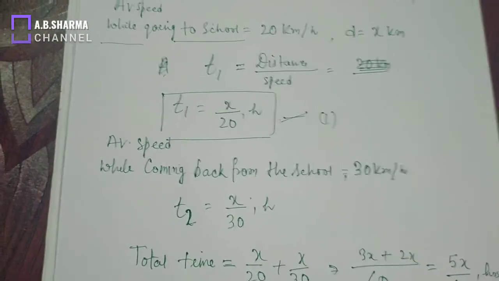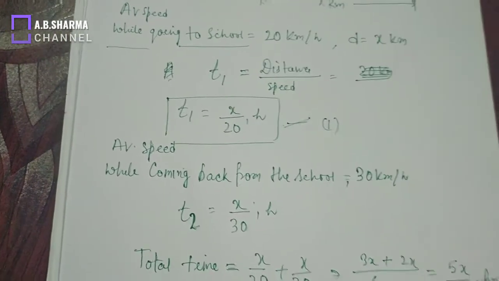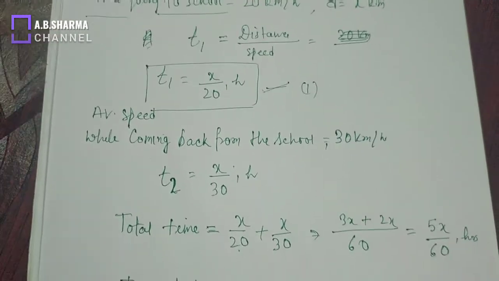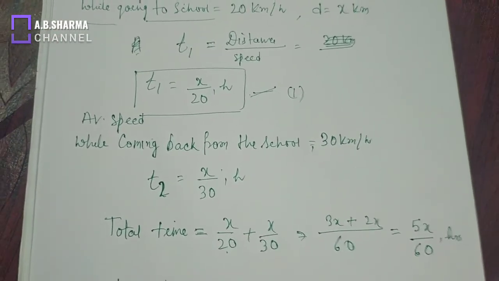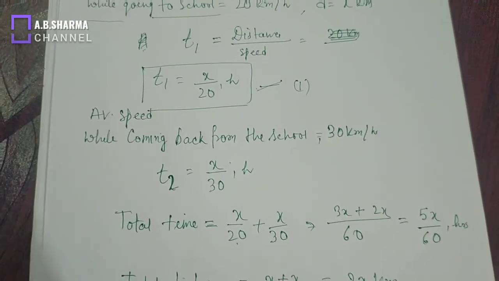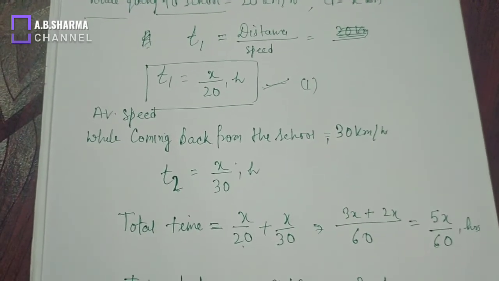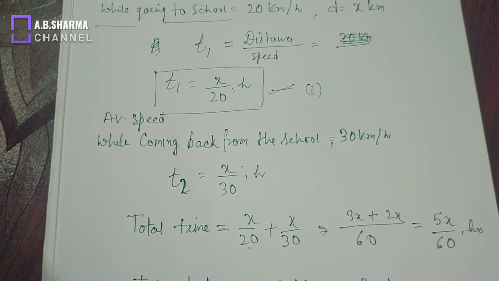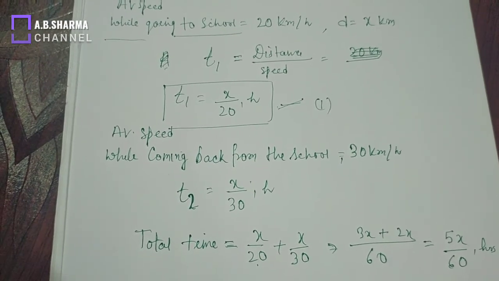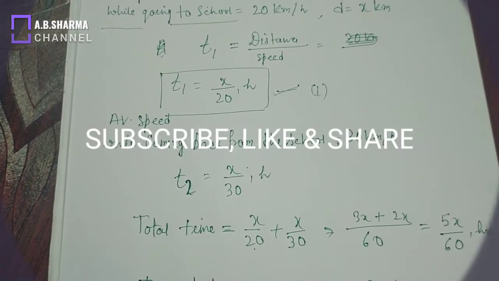Then calculating the total time, and the total distance is given, that is x plus x. Total distance by total time, we will calculate the average velocity. So these were some questions based on the chapter motion. In the next part of the video, I will again bring some questions from this chapter. Till then, stay tuned and revise properly.